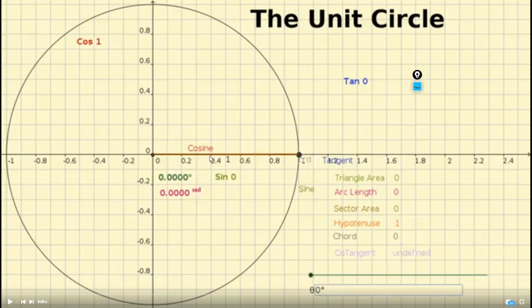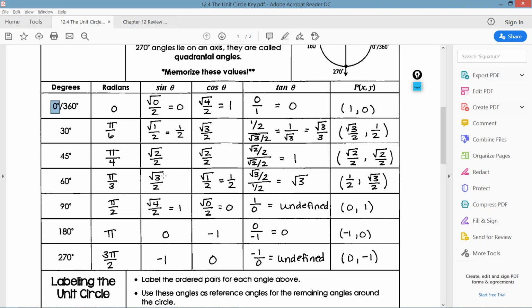And cosine is 1. The x component is the entire length of this 0 degrees line. That is why sine of 0 is 0.